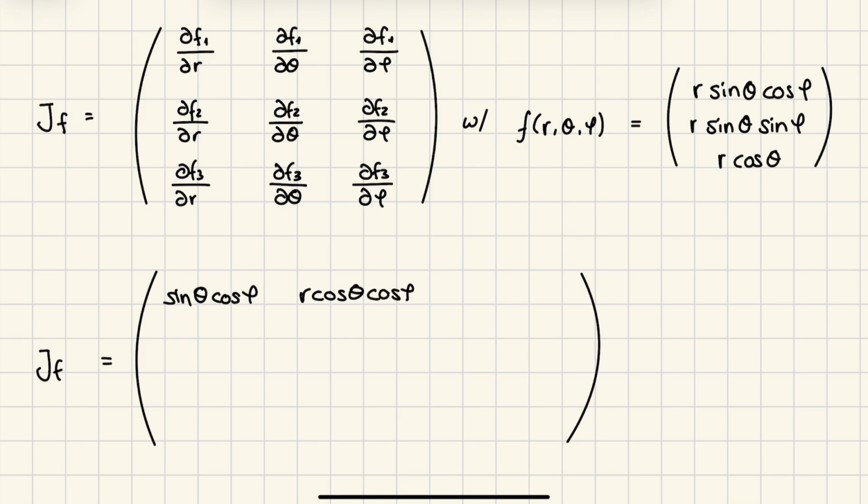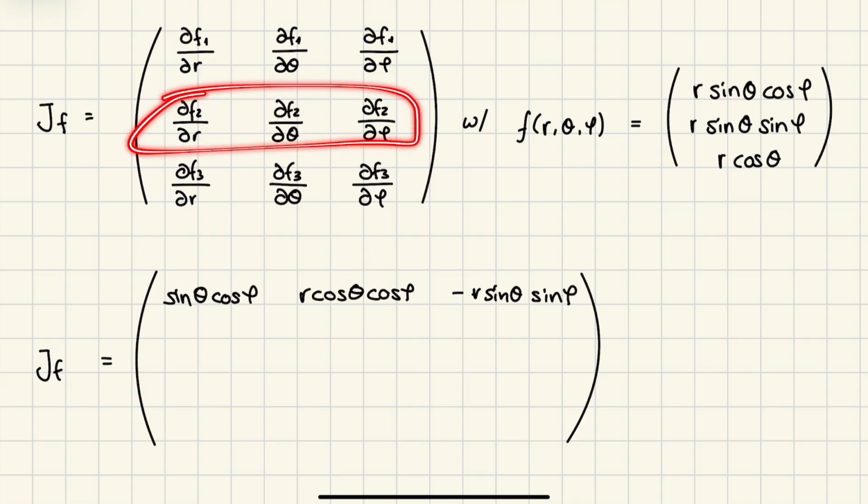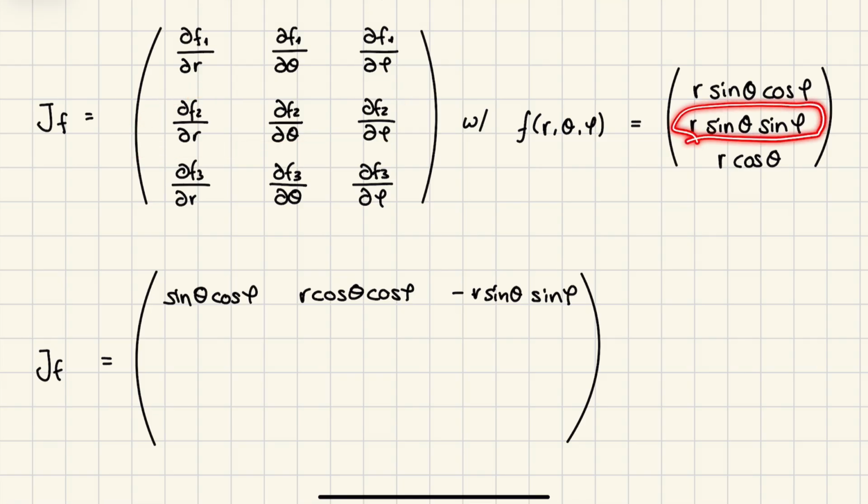And lastly, for the first component, we're going to have to differentiate it with respect to phi. Now these two are treated as constants, and the derivative of cosine phi is minus sine phi, so we are left with minus r sine theta sine phi. For the second row, we now need to take a look at the second component. Differentiating that one with respect to r leaves us with sine theta sine phi.